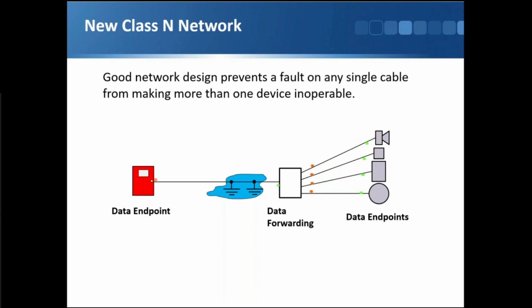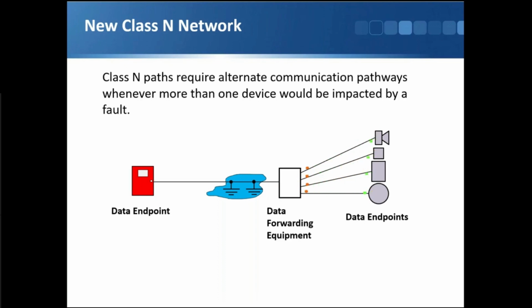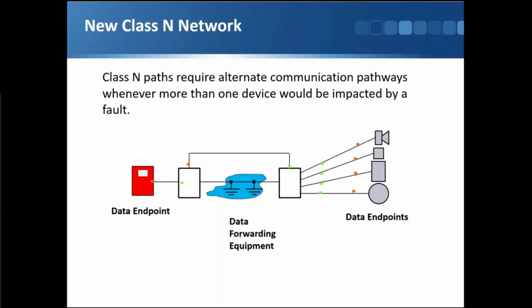So we said, okay, let's use what we know from Class A and Class X, and let's make it so that even if there's one fault somewhere, you can still get from endpoint to endpoint.